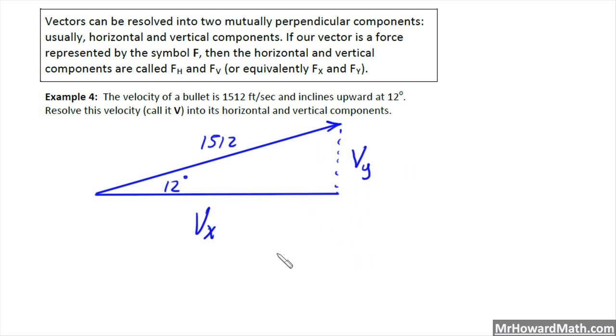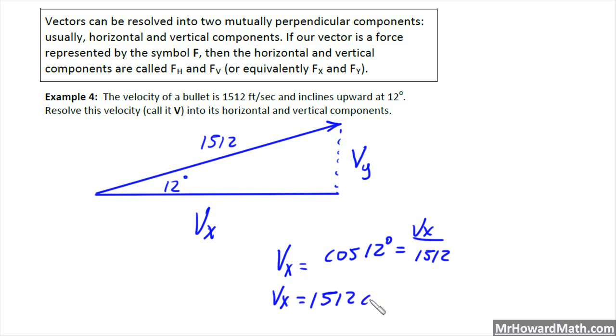So our horizontal component, v sub x, we could say is equal to this. We can use this angle, and we have the hypotenuse. We want the adjacent, so we'll use cosine. So cosine of 12 degrees is equal to the adjacent side, v sub x, over the hypotenuse, 1512. So finally, v sub x is equal to 1512 times cosine of 12 degrees. We'll find that with the calculator in just a moment.